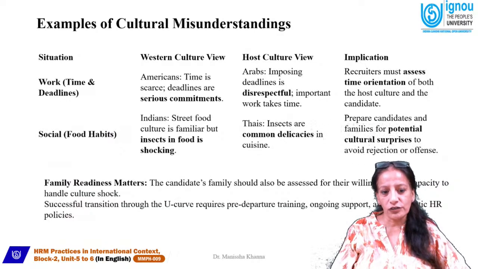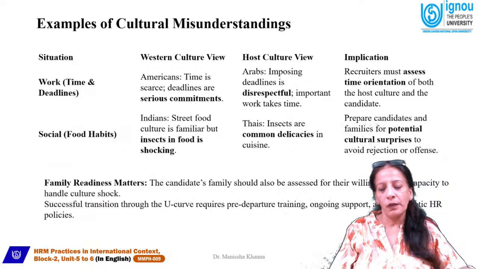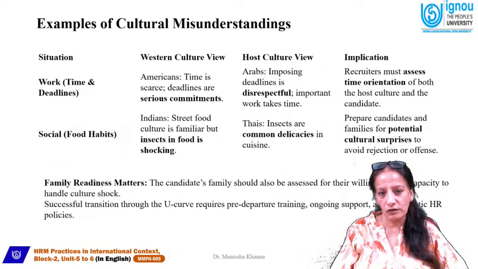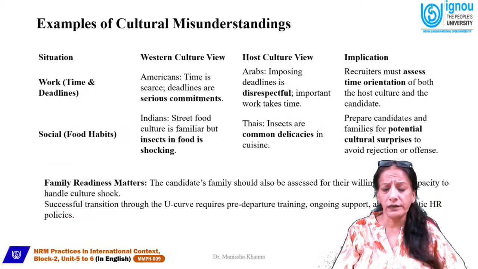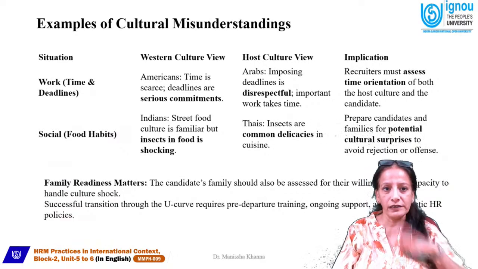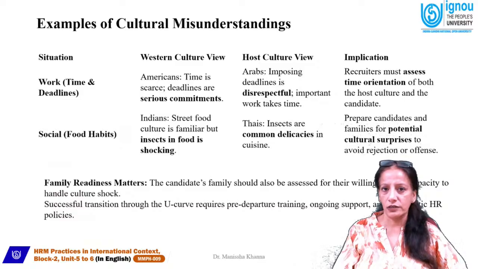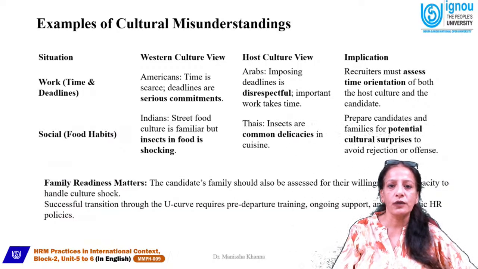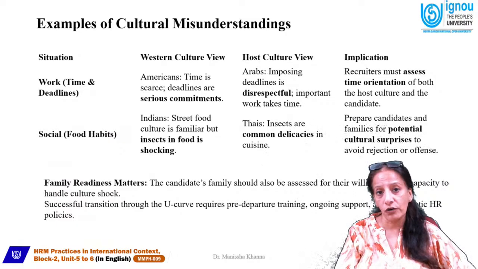A successful transition through the U-curve requires pre-departure training, ongoing support, and empathetic HR policies to be maintained. Even in most organizations, the families are also involved during the selection process while giving the final offer, because relocation from one country to another is involved.